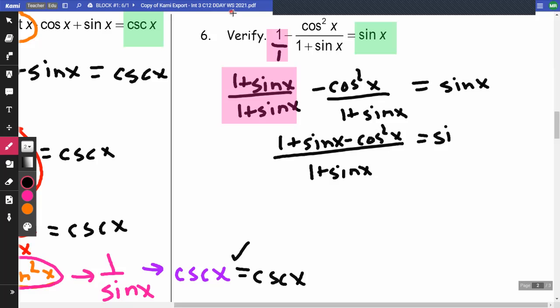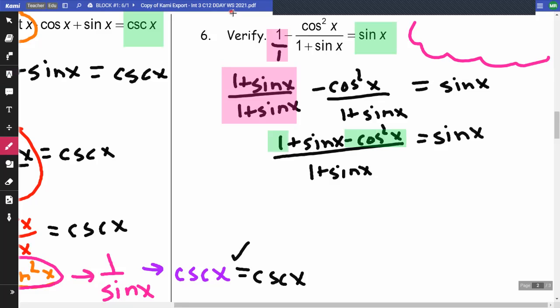Okay. Now this part right here, let me highlight it. This 1 and minus cosine squared x. That, remember, let me just jot it. I'll put it up here. Remember that sine squared x plus cosine squared x equals 1.